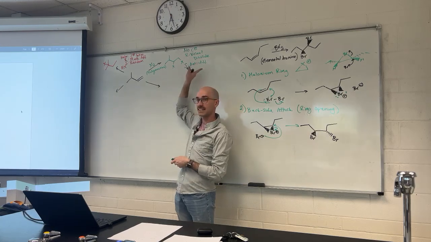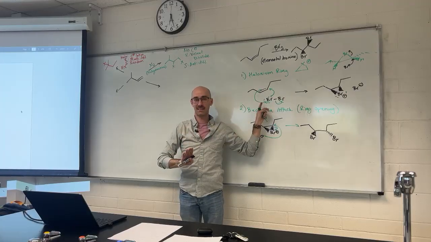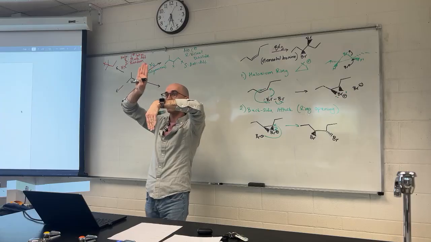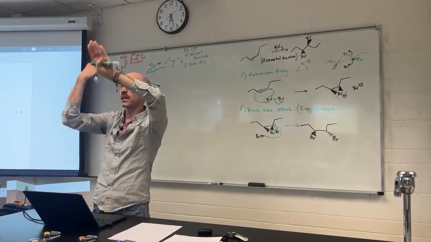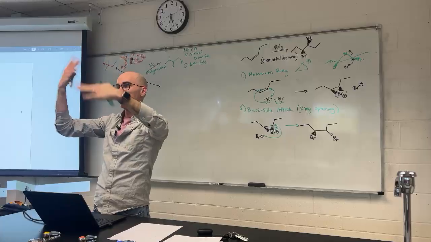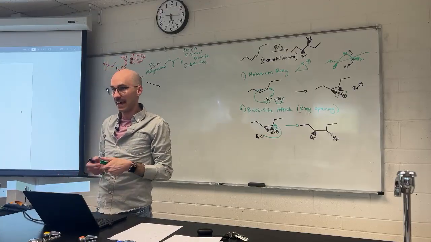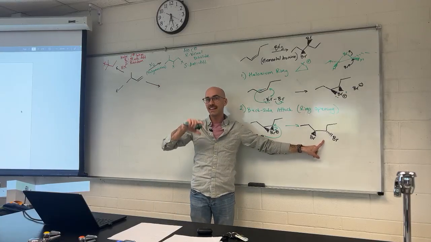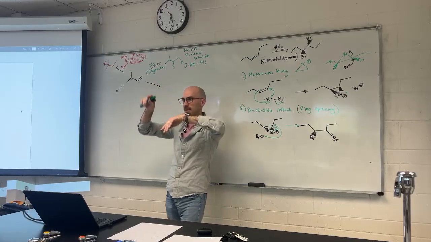That's why this is an anti-addition mechanism. The backside attack led to the bromines being added across different sides of the alkene. But because this is a linear structure, it's free to rotate into different conformations. So after it rotates, you can't explicitly see that it's anti, but the only way for it to do a backside attack is if the addition is anti.